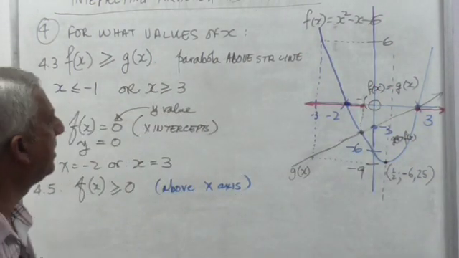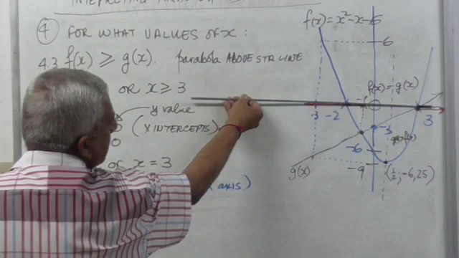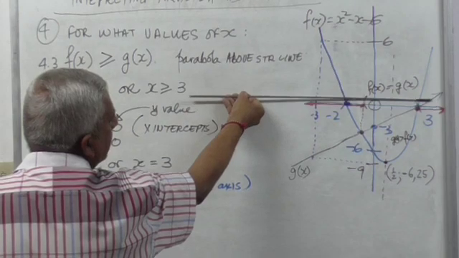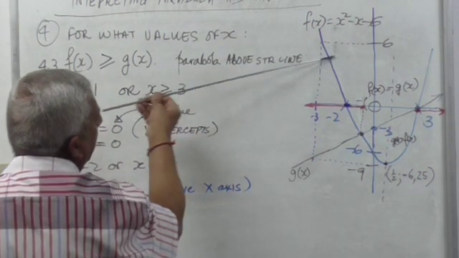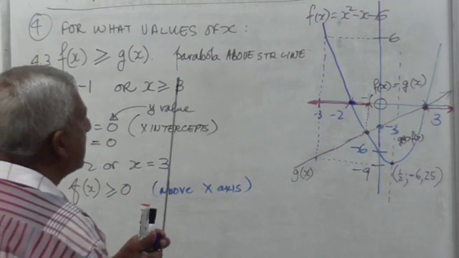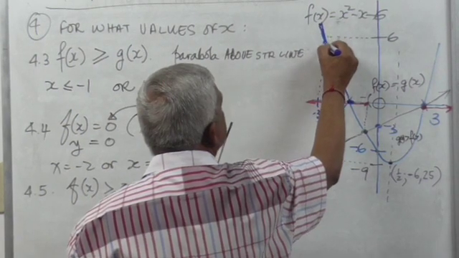So let's do that properly. This is 0. So f of x is equal to 0 here. So if it's greater than 0, it means that arm there and this arm here. Now for what x values? So let's just do this here.